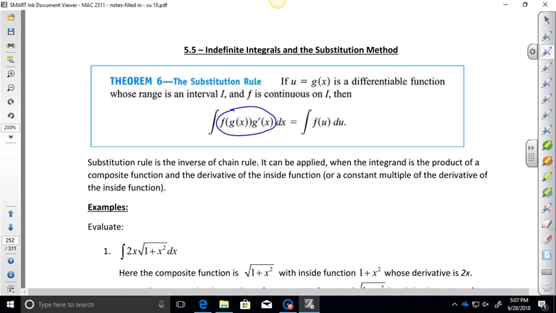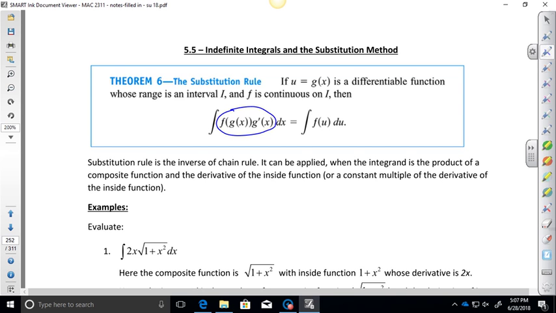Another example, f of x equals (2x squared plus 3x plus 7) to the power 10. That's a composite function, right?